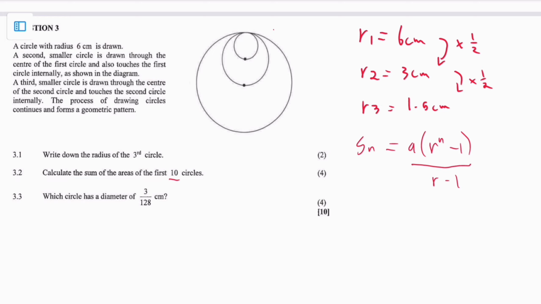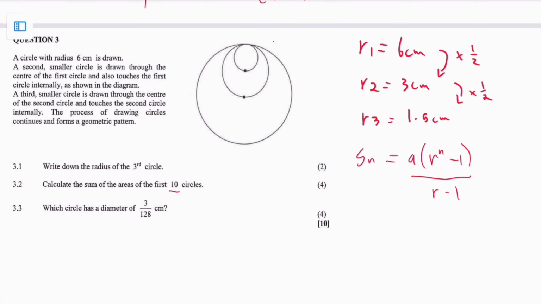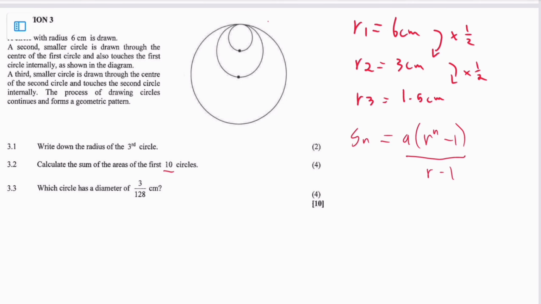So they want the sum of the first 10 circles. So we know what n is. So we know that we're going to say S of 10 equals, do we know what R is? Well, we'll get to that in a bit. But it's pretty simple for us to figure out what A is.